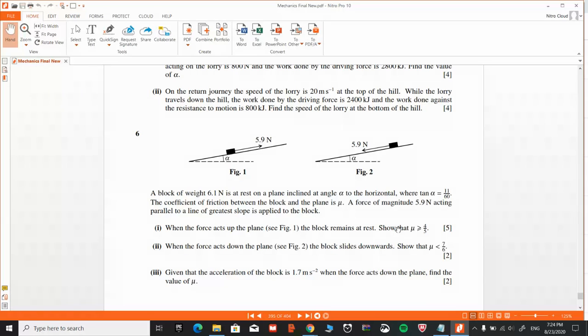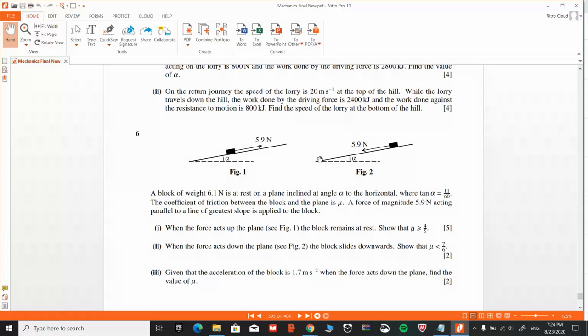All right. And you can see that this clearly has some element of friction in it. In fact, you can see mu being the coefficient of friction, right? All right, so let's go over this question and solve it real quick. A block of weight 6.1 Newton is at rest on an inclined plane, where the value of tan alpha is given.